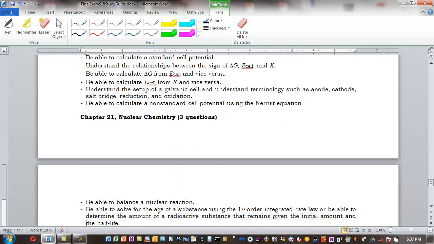There is very little from nuclear. It's just balancing equations and then first order kinetics, which you already know. So we essentially have 2 chapters left to go through the most recent material, which should be what you're most familiar with. We will meet again tomorrow night at 5 o'clock, same room. That should get us through the review.